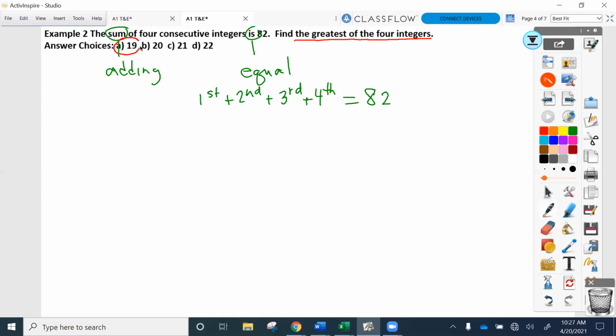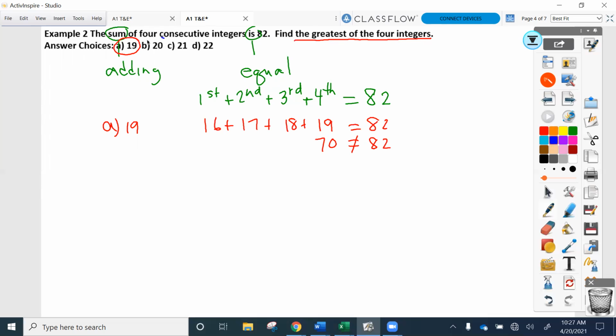So let's try A. So this would be 19 is the largest number. So that would be the fourth, right? So the third would be 18, the second would be 17, and the first would be 16. So let's see, if we take all of those and add them up, they equal 70. So this is not the greatest of the 4 integers.